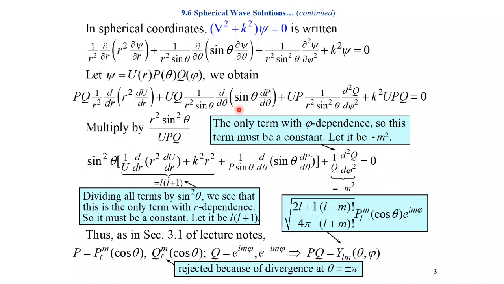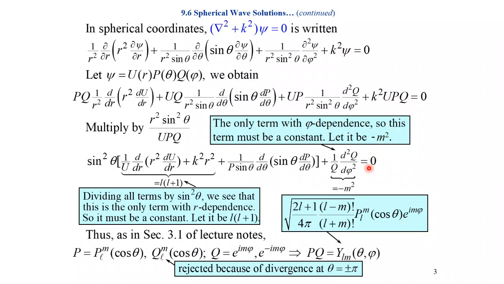And this one, 1 over P sine theta, d/dtheta of sine theta dP over d theta, plus the last term here, 1 over Q, d squared Q over d phi squared, equals 0.